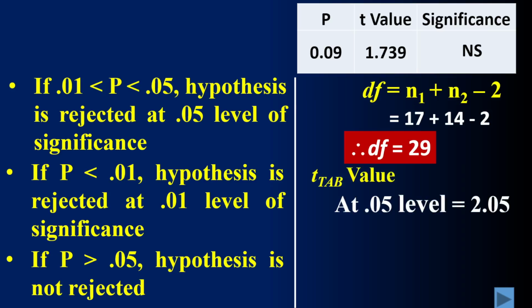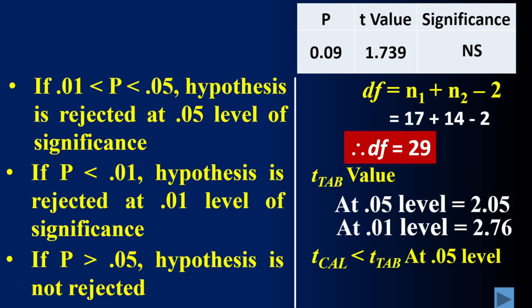T table values, as we have seen, at 0.05 level 2.05 and at 0.01 level 2.76, and our calculated value is 1.739. T calculated is 1.739, that is less than the t table value. If t calculated is greater than 2.05, then the hypothesis is rejected at 0.05 level, and if it is greater than 2.76, the required t value according to the t table, then it will be rejected at 0.01 level.